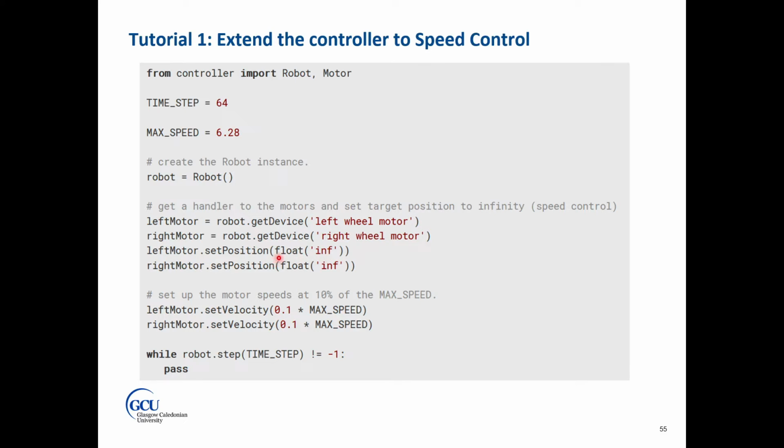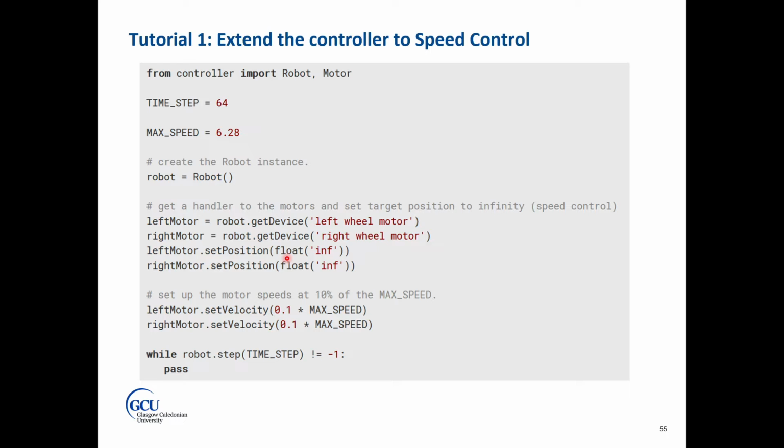We get this with inf between quotation marks, which means the number infinite that we are converting to a floating number. So before we were telling the robot to move 10 radians, now we are telling it to move continuously, never stop moving.